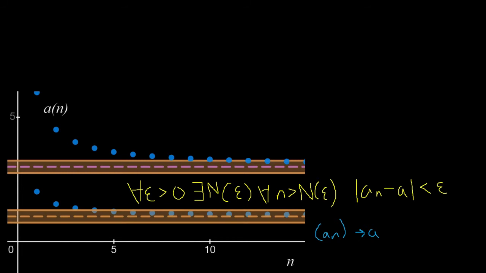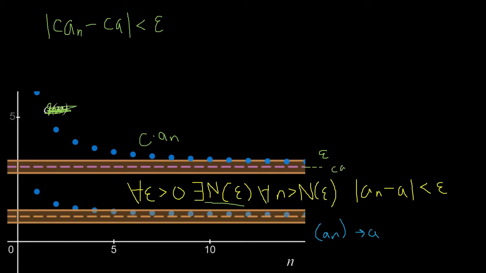To prove this result of the algebraic limit theorem, essentially I need to show that there exists some natural number such that the absolute value of c times a sub n minus c times a is less than epsilon. This is saying that eventually this scaled up sequence, c times a sub n, is within epsilon of our scaled up limit, c times a.